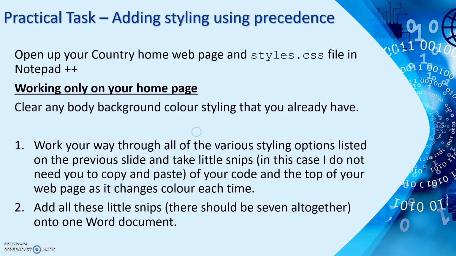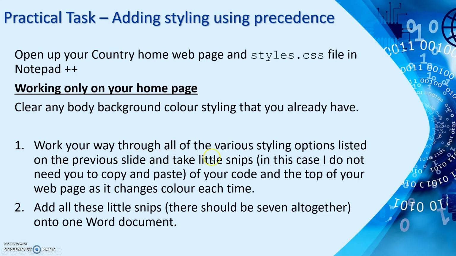Okay? So your practical task today, up until Wednesday, is to add styling using precedence. So using your country home web page and your styles.css file, so only working on your home page. First of all, clear any body background colour styling that you've got already. I don't know how you've done it, but just clear that away.